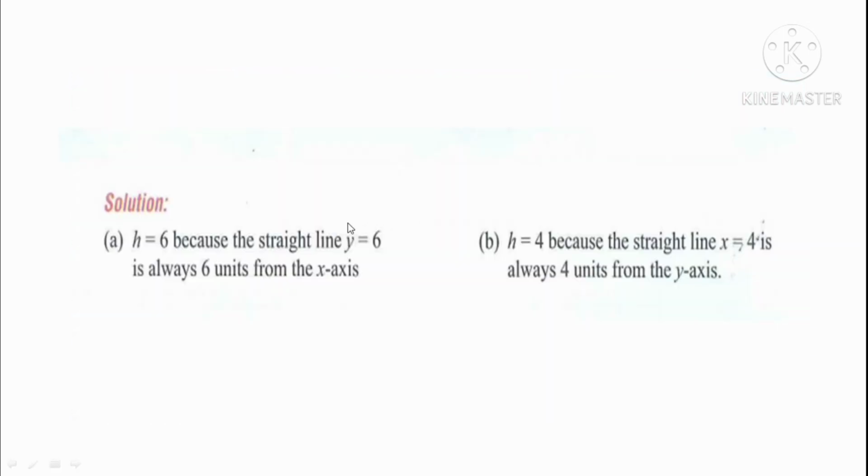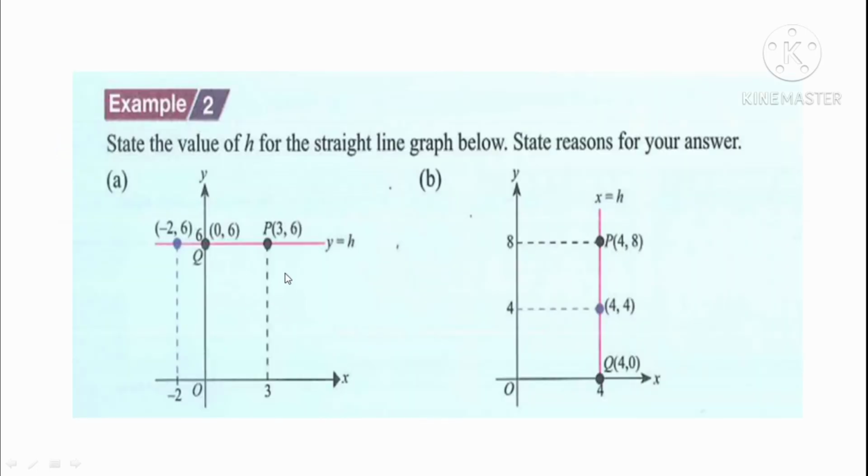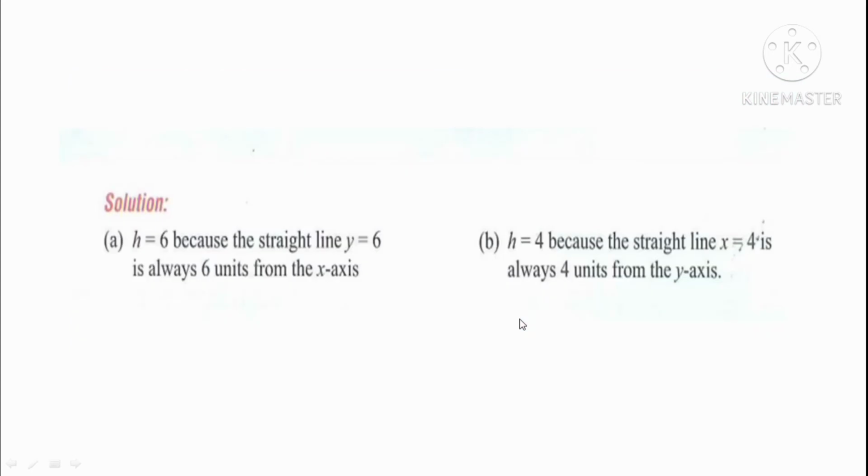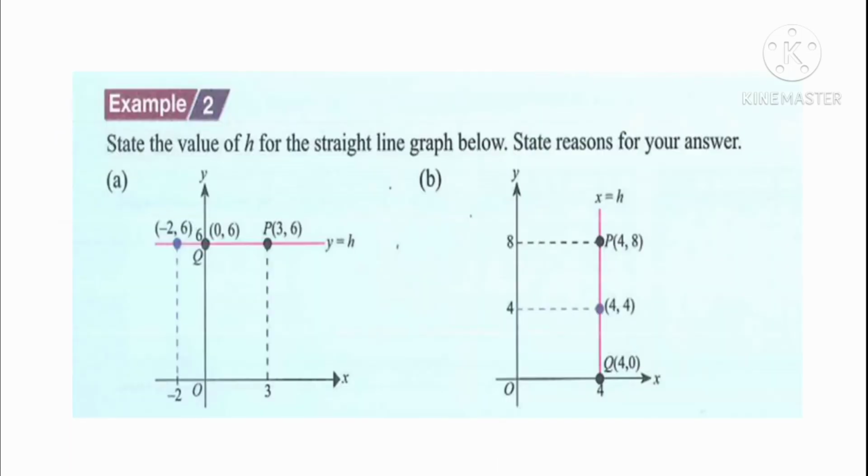The solution is h equal to 6, because it is 6 here. The value is 6 where the straight line crosses the y-axis. Because the straight line y equal to 6 is always 6 units from the x-axis. As for b, can you determine it?